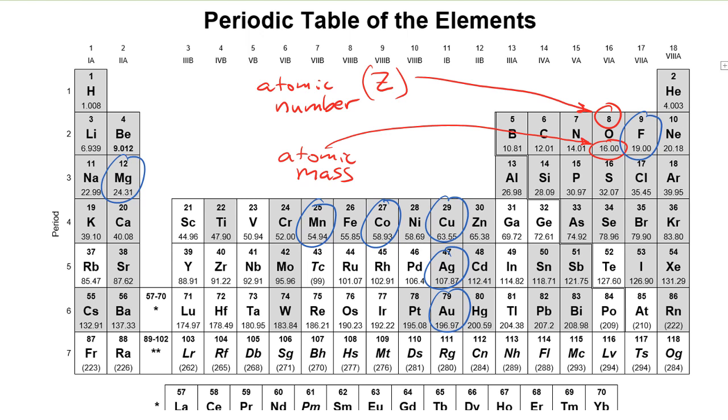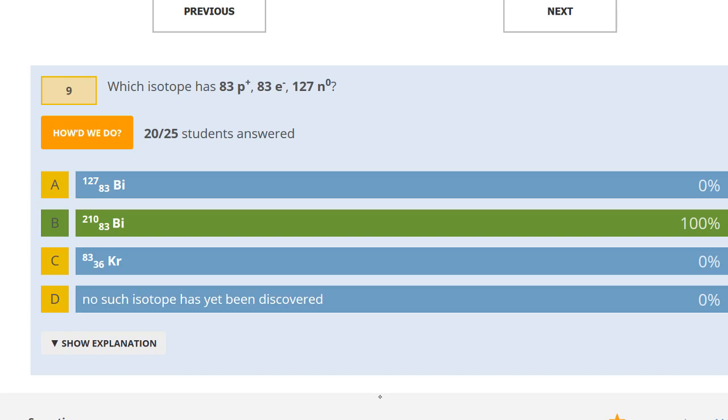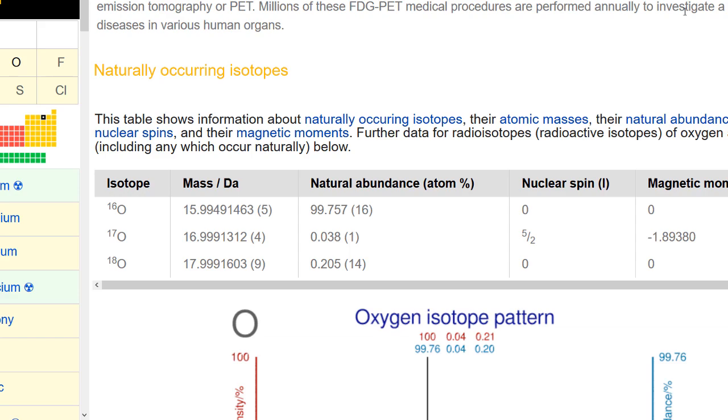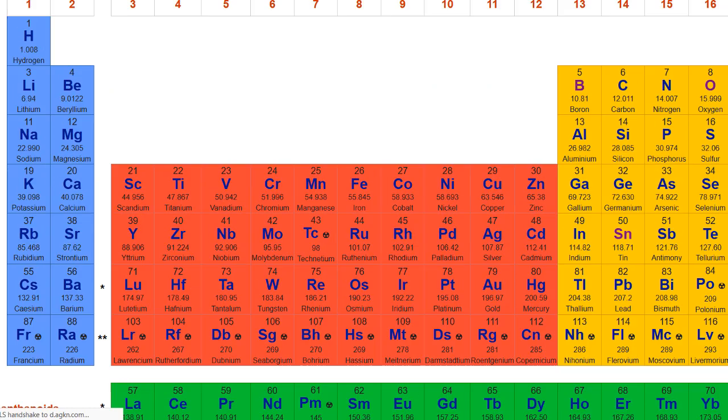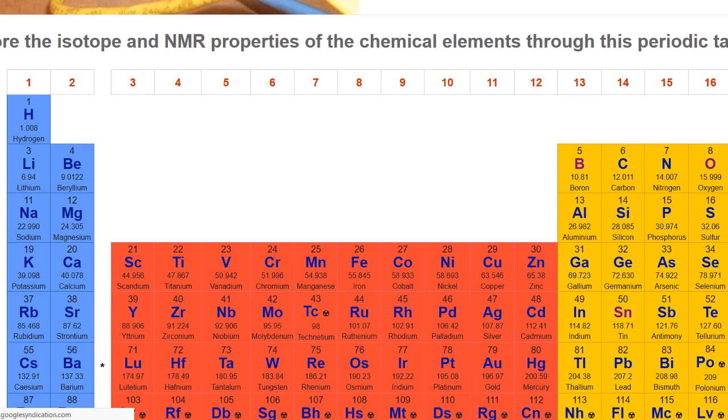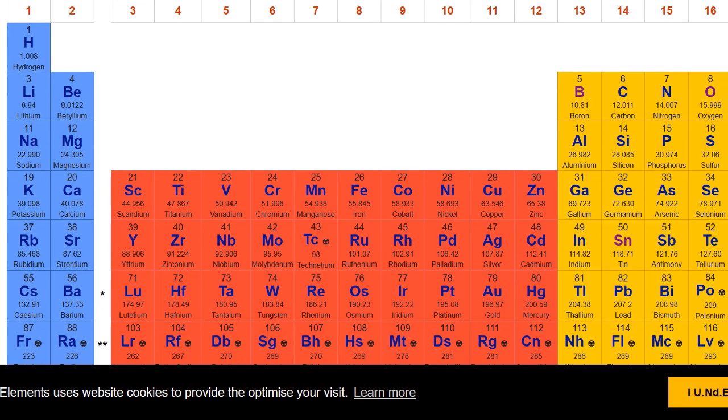For all the rest of them, if you want to know the number of naturally occurring isotopes, you need a resource like the one I just Googled when we came in here, and I will link this to our D2L course. If you want to do it yourself, you just go to Web Elements Isotopes. If you look that up, you'll get this periodic table right here, which shows the isotopes of those elements.